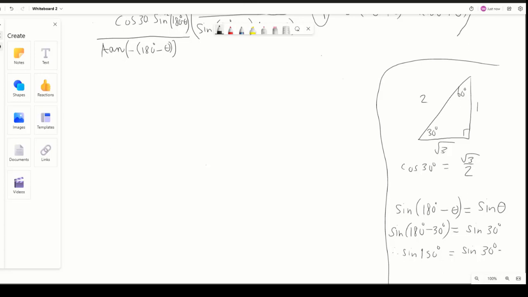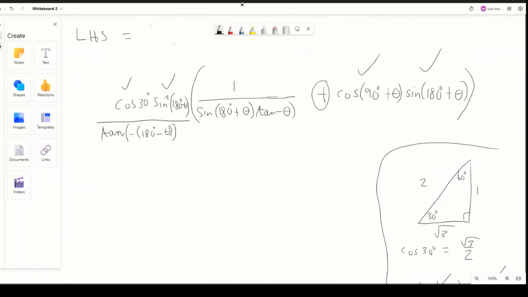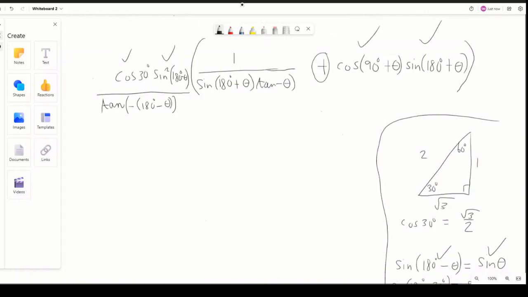Do you agree with that, guys? Yes. Good. So I was just trying to show you that the sine of 180 minus theta is the sine of theta. That's what it means basically, okay? Right. So we can write this sine squared as sine squared theta.